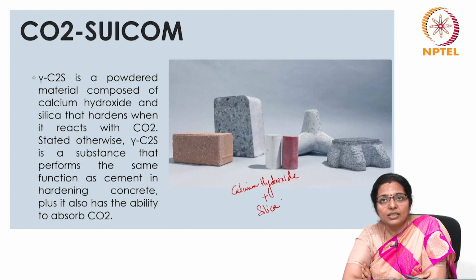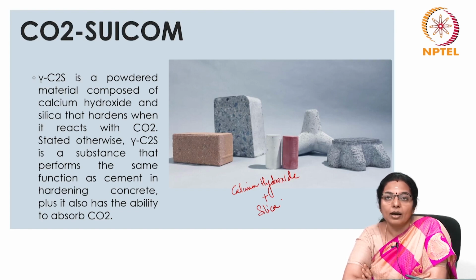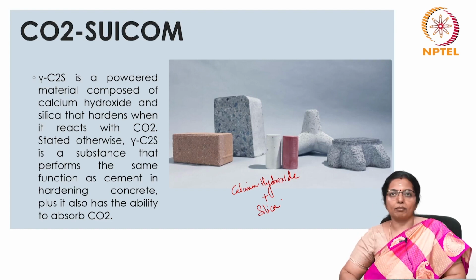Now this hardens when it reacts with carbon dioxide. Stated otherwise, YC2S is a substance that performs the same function as cement in hardening concrete. Plus it also has the ability to absorb carbon dioxide.